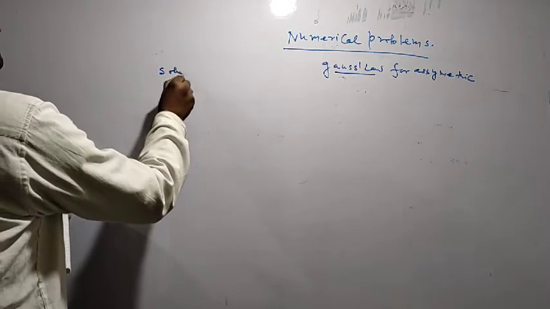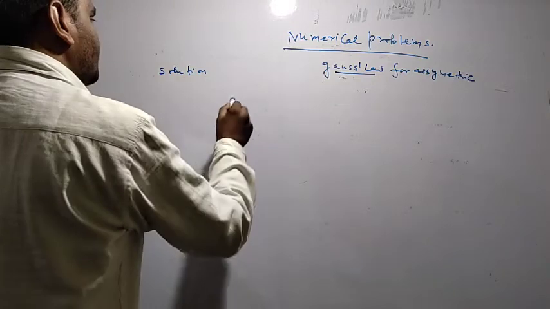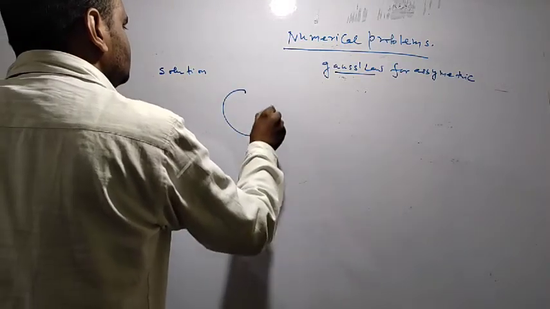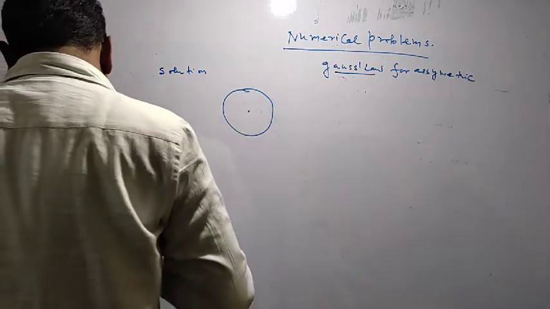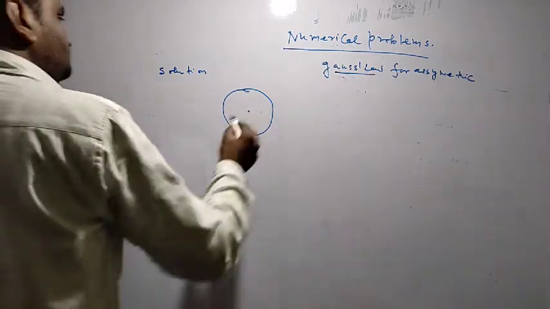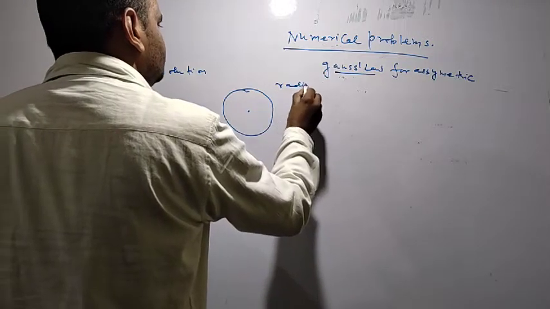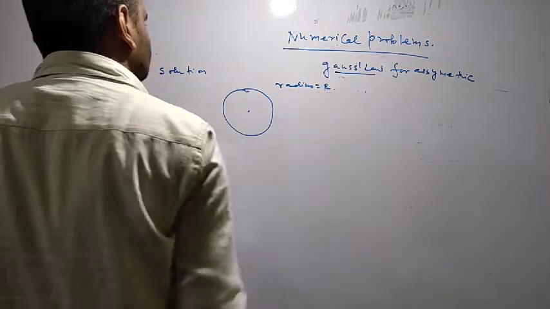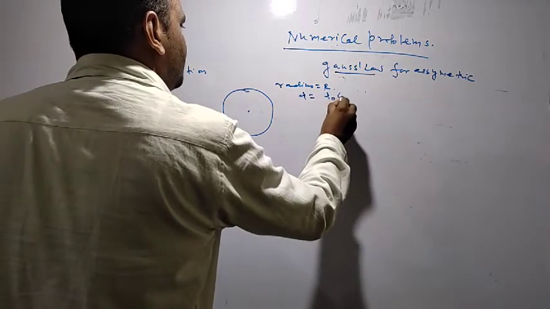Solution: we have a non-conducting ring with its center, and it has radius R. The function of charge distribution is given as lambda naught cos phi.